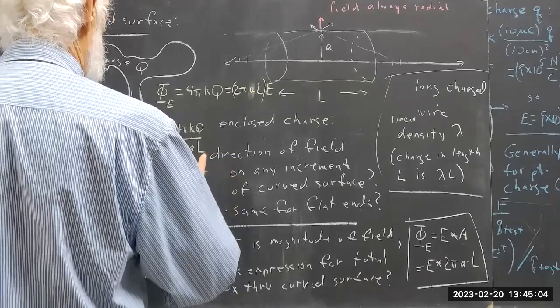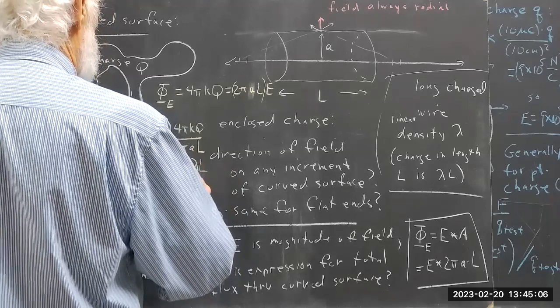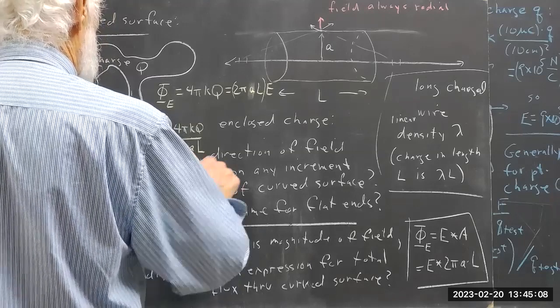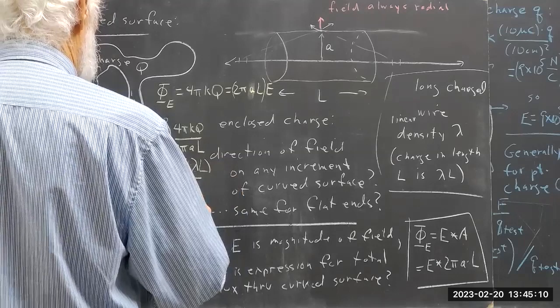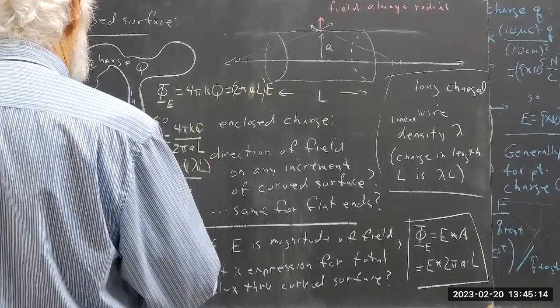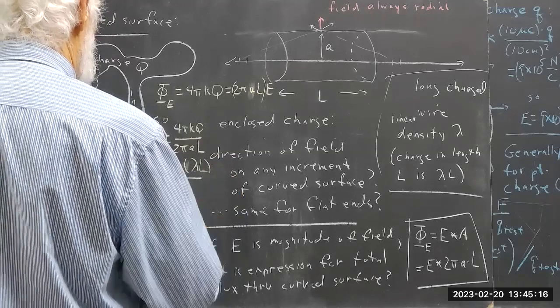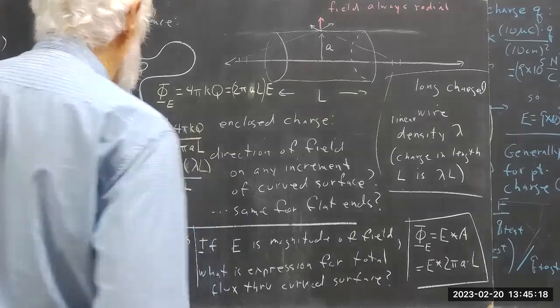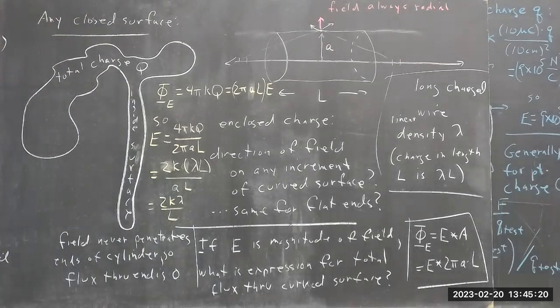For my A, 2K lambda L divided by A times L. It's just plain old 2K lambda over A.